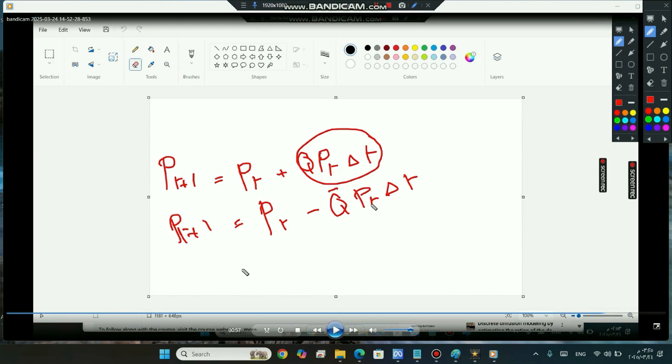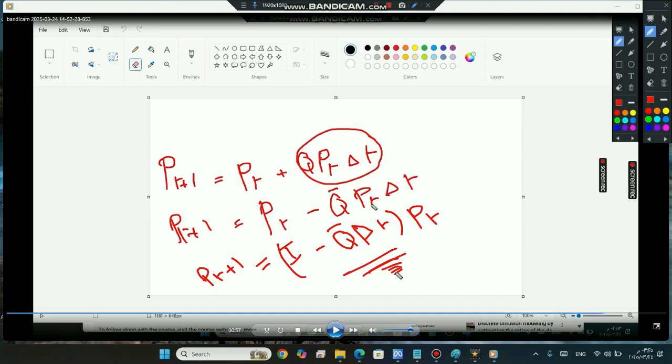All right, now maybe we can get Pt out. So we can write I minus Q dash delta T times Pt will equal Pt plus 1. So right now, this is the formula that we will be using in order to find Pt based on Pt plus 1 and the predicted ratios over here.